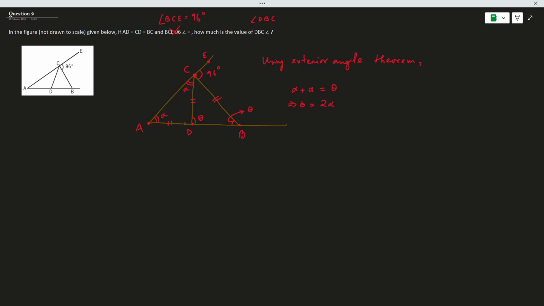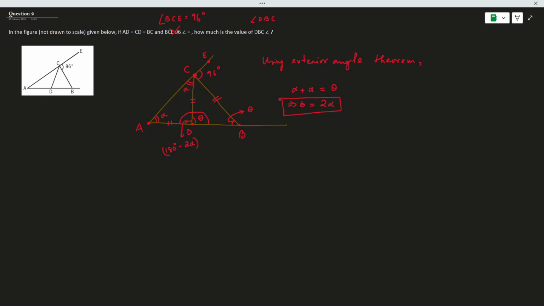So this will be 180 degree minus 2 alpha, right? And this entire angle will be 180 degree because it's a linear angle, or I can say straight line. So this 180 degree minus 2 alpha plus theta will give me 180 degree. So 180 degree and 180 degree will get cancelled. So you will get theta is equal to 2 alpha.